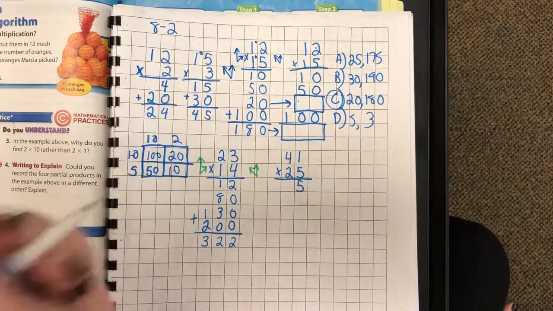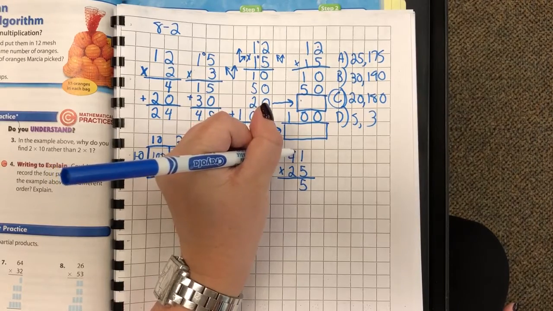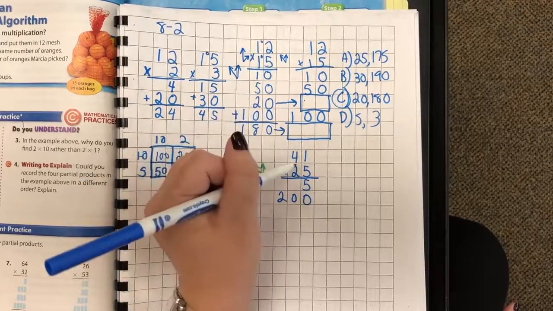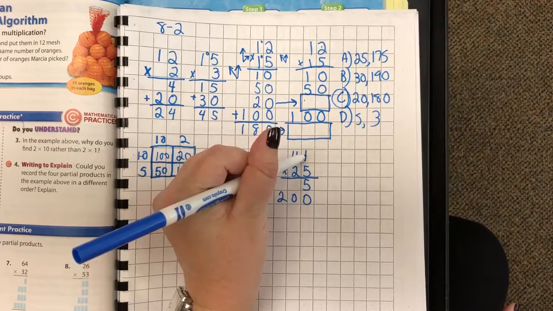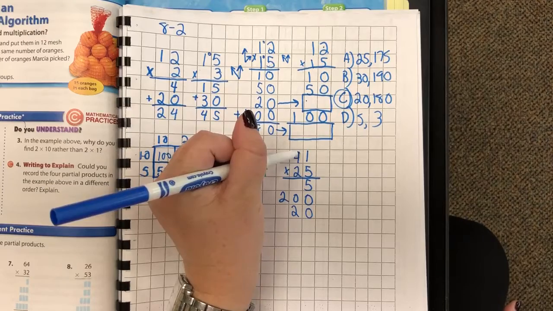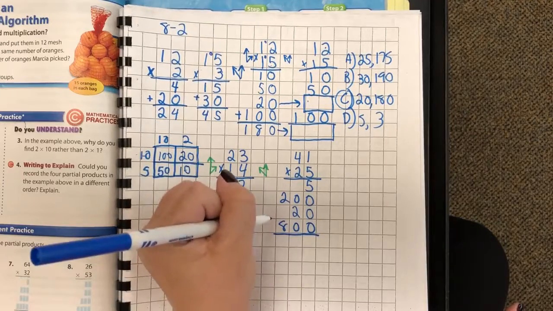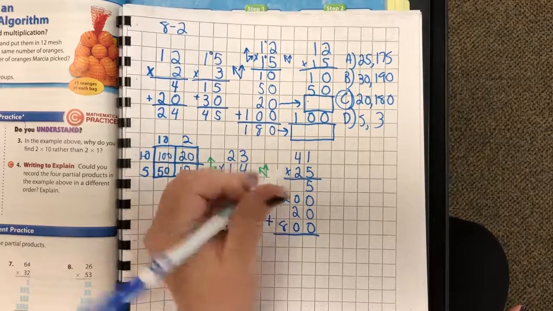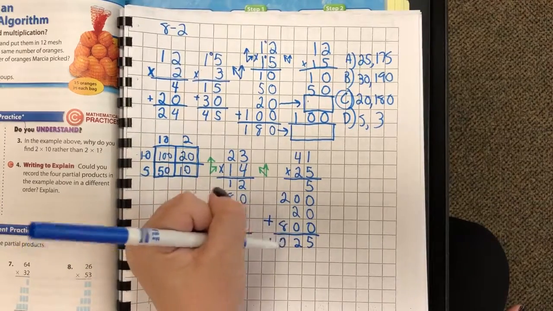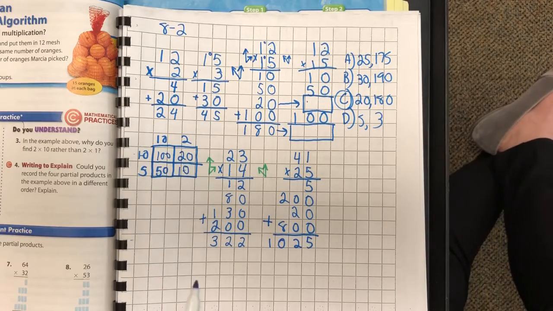No problem. 5 times 40 is 200. 20 times 1 is 20. 20 times 40 is 800. Okay, now what do? Add them up. Okay, 5 and a bunch of zeros is 5. 2, 10. 1,025. That's it.